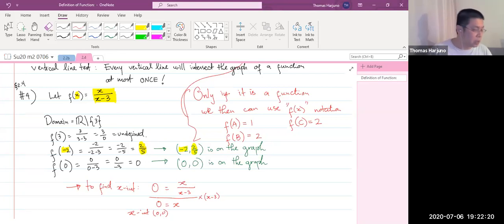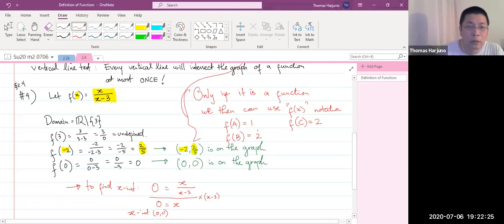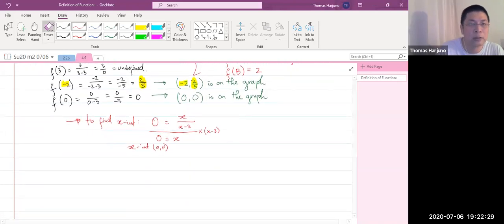Okay, now that's about finding the value of a function at a certain x value. Now let's go on to, for example, number 8.